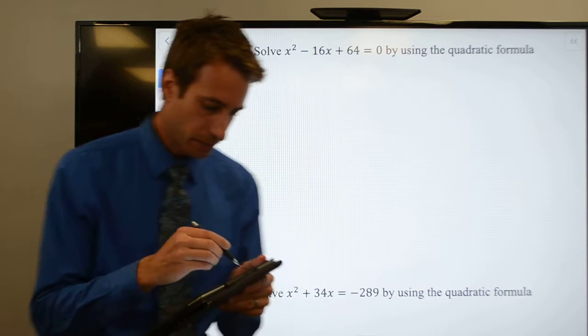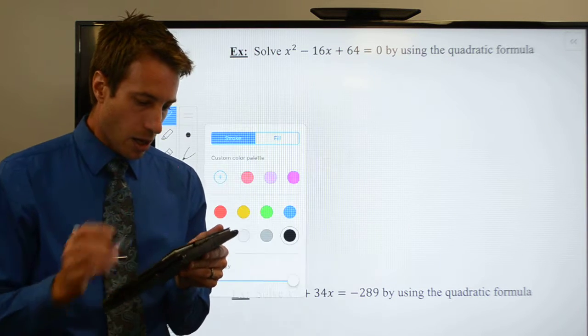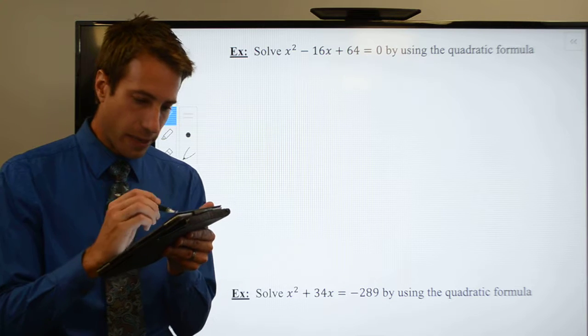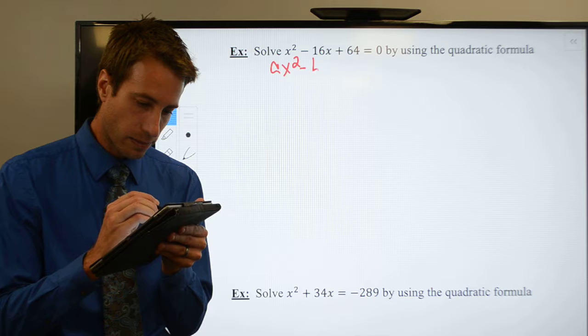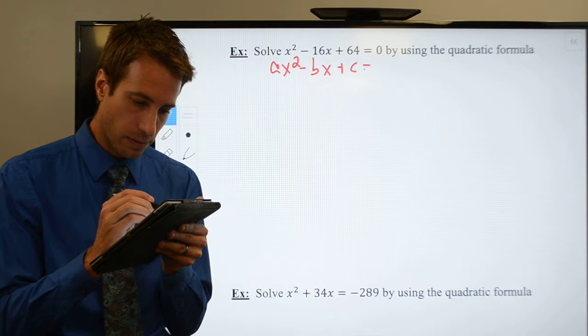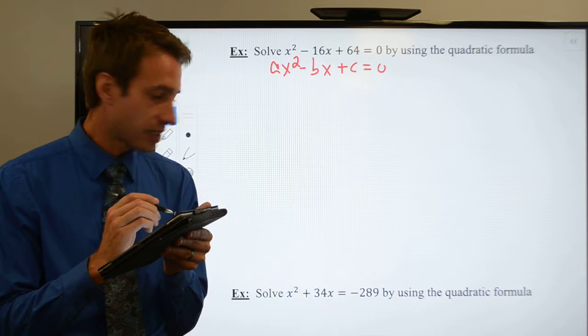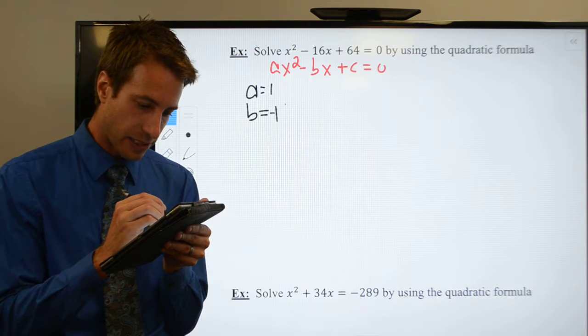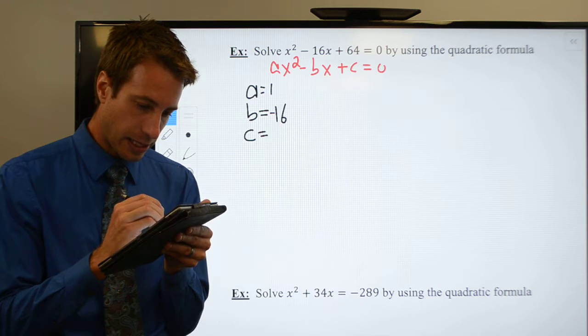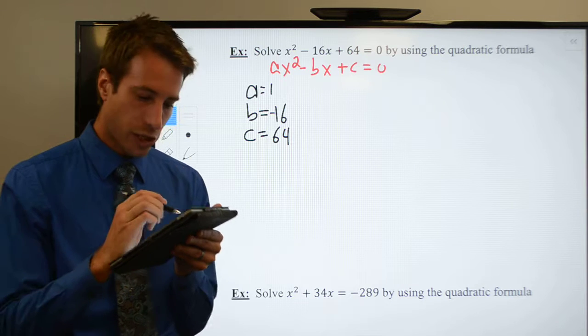X equals negative 4. Hey, let's try another one. All right, here we go. I need this guy to be in standard form, and heck, it already is. Let's see, my a is 1, my b is a negative 16, and my c is 64. Plug and chug, guys.